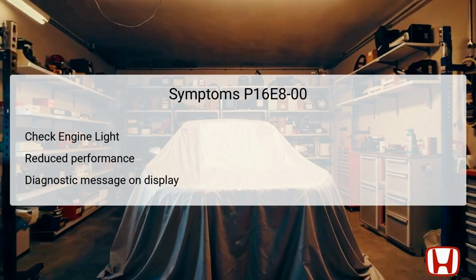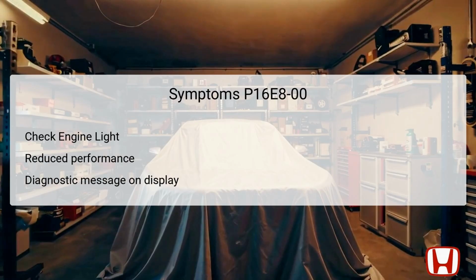Symptoms associated with the P16E8-00 code can vary, but common indicators include illumination of the check engine light, CEL, which serves as a warning of the engine management system. Reduced vehicle performance may also occur, as the improper functioning of the shutter grille leads to suboptimal airflow, thereby affecting engine efficiency.